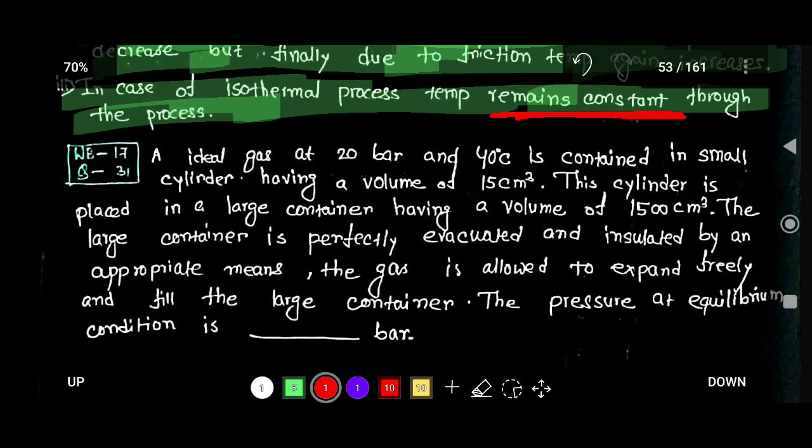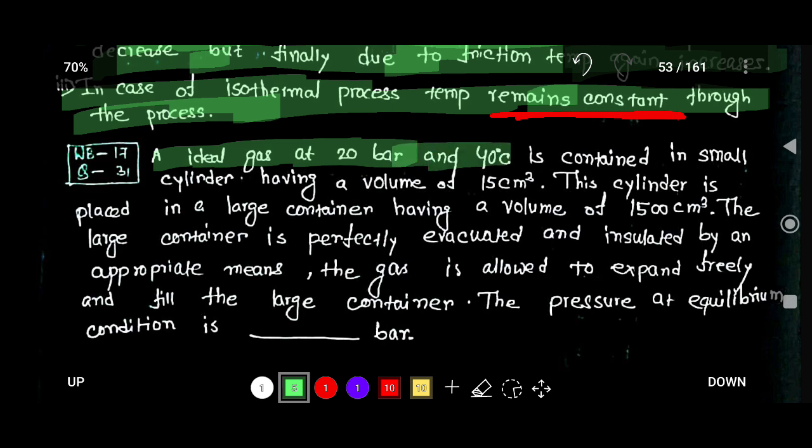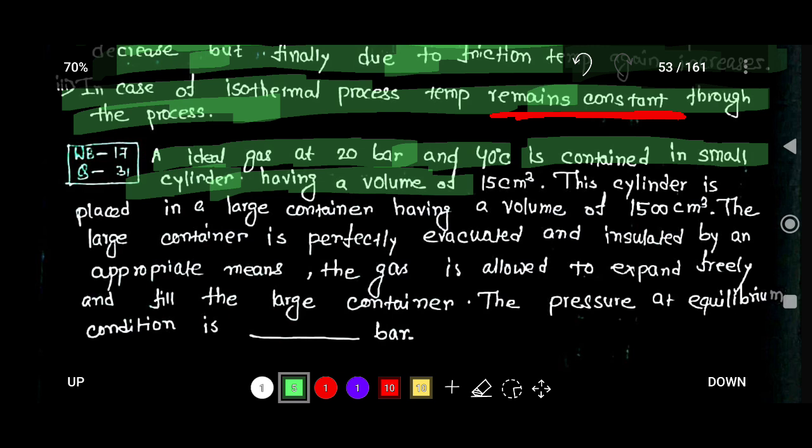Okay, now there is another question. Just read the question and understand it. An ideal gas at 20 bar and 40 degrees Celsius is contained in a small cylinder having a volume of 15 cm³.